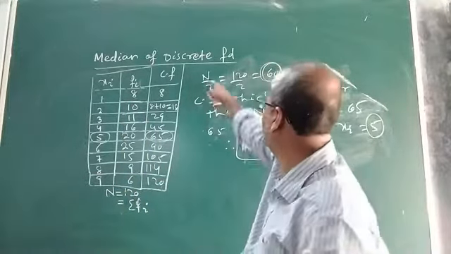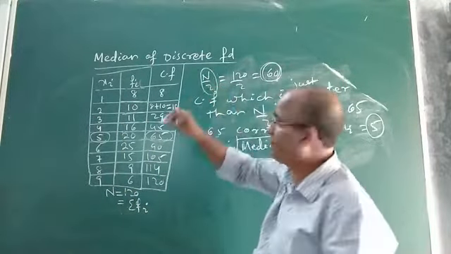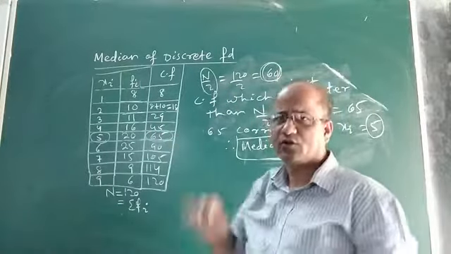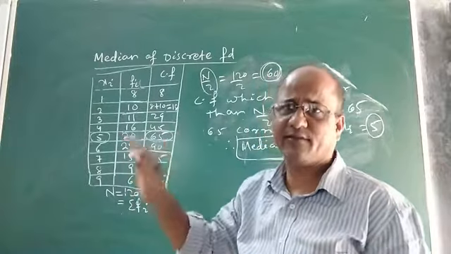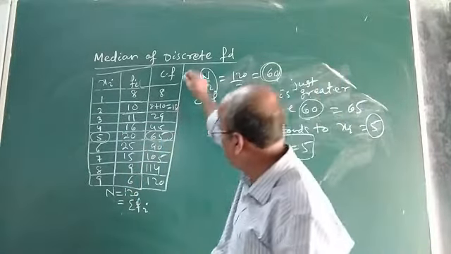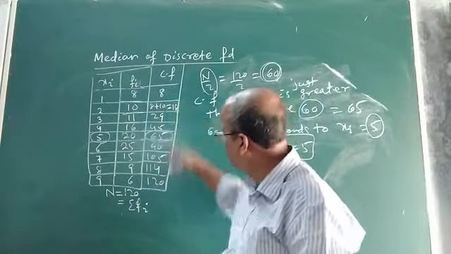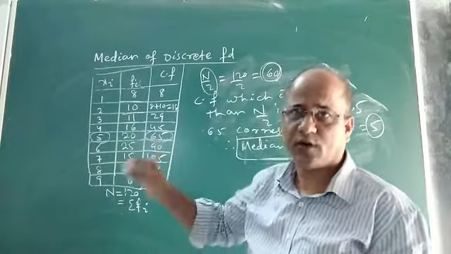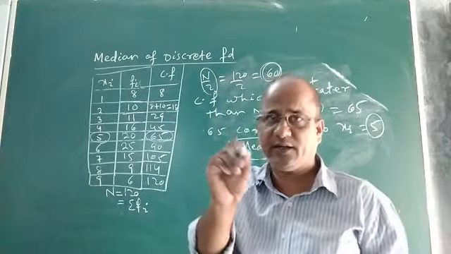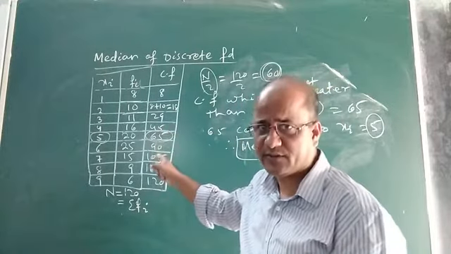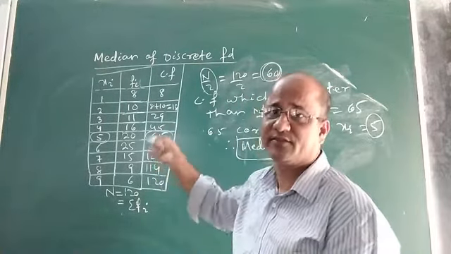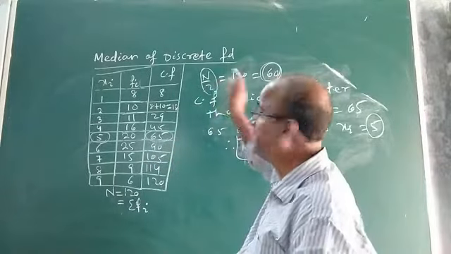After finding the cumulative frequencies of all the xi's, the next step is to find n by 2. Whatever the value of n by 2 is, it does not matter. Now observe the cumulative frequency column carefully and find out which cumulative frequency value is just greater than n by 2.